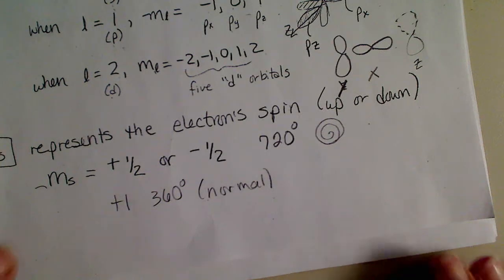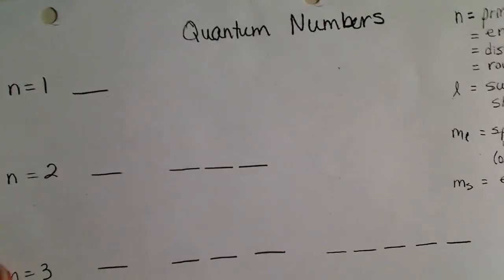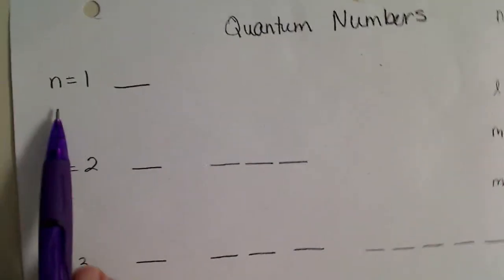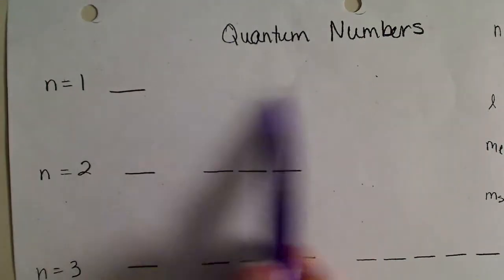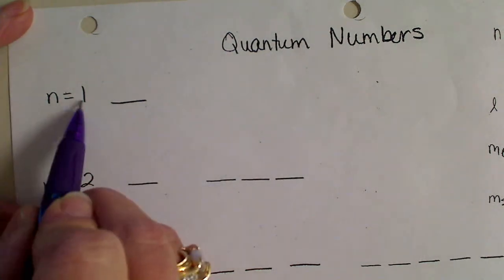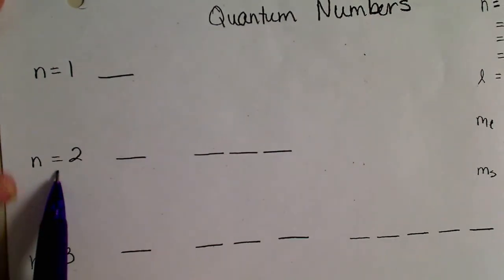I've got one more sheet that puts this in a little bit better of a pattern. So that is here. And if we look at the n values as though we were looking at the periodic table, the energy levels, n equals 1, n equals 2 would be further from the nucleus.